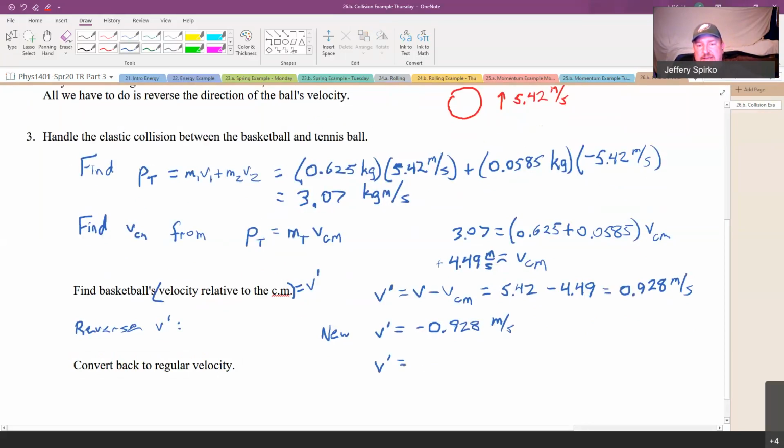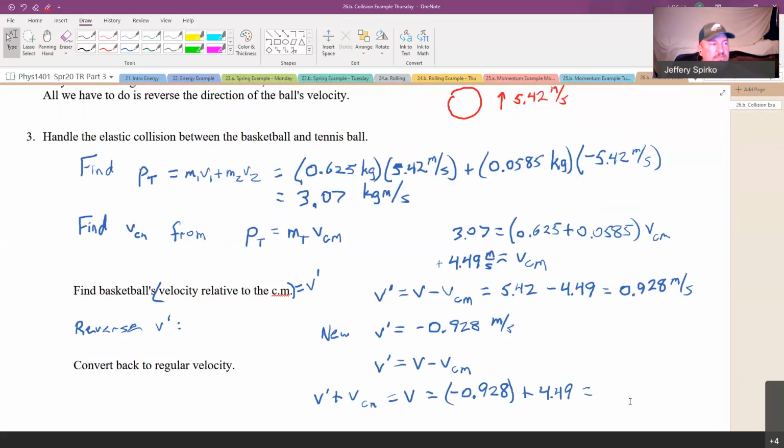If v prime is v minus v center of mass, then we can take v prime plus v center of mass to find the regular v, which is minus 0.928 because we reversed it, plus the center of mass velocity was 4.49 is equal to, v1 final prime is minus that, and v1 final is that plus the center of mass, equal to that plus the center of mass is 3.57 meters per second.